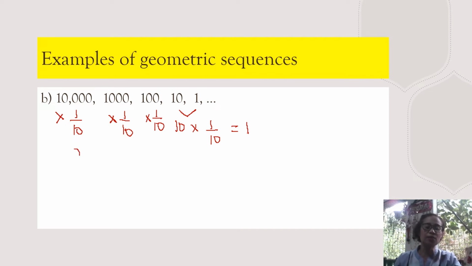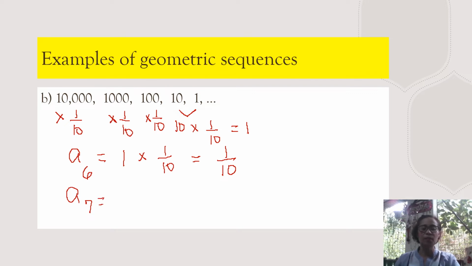So let's check out what could be the terms after this: 1, 2, 3, 4, 5. What should be the sixth term? The fifth term is 1, multiplied by 1 over 10, so our sixth term would be 1 over 10. What should be the seventh term? Since the sixth term is 1 over 10, we multiply it by 1 over 10.